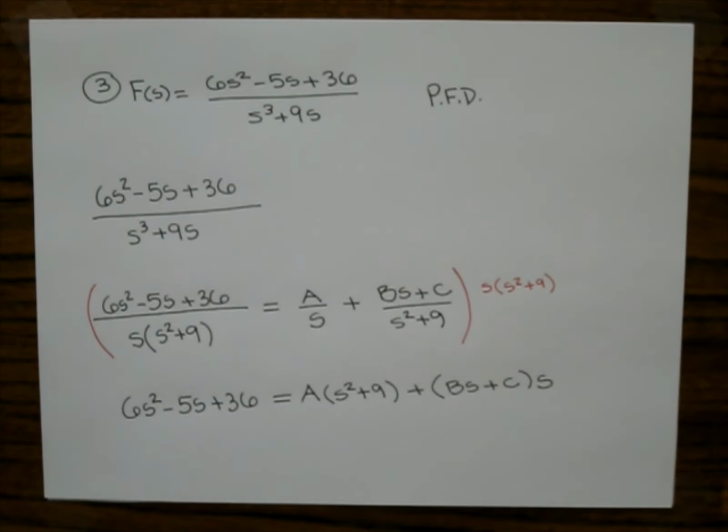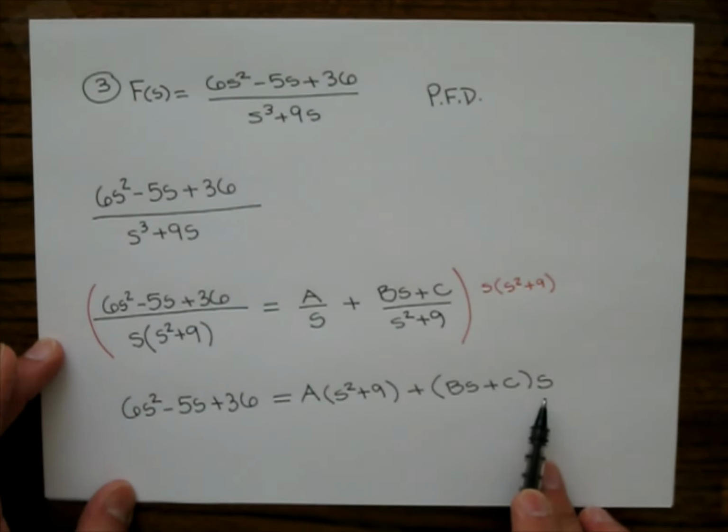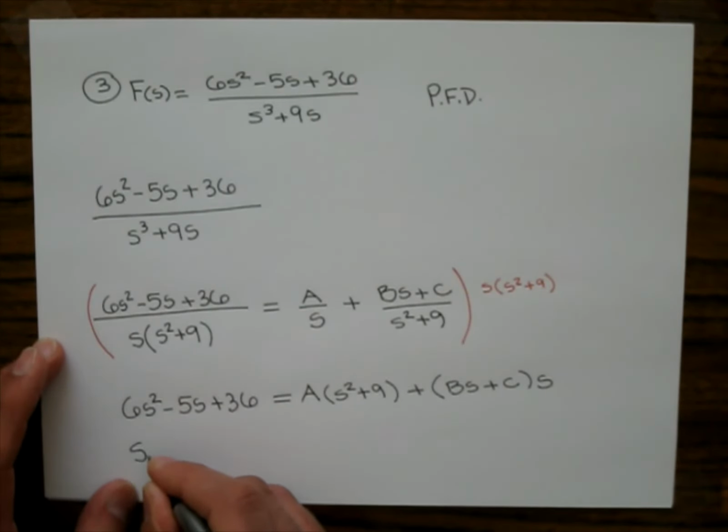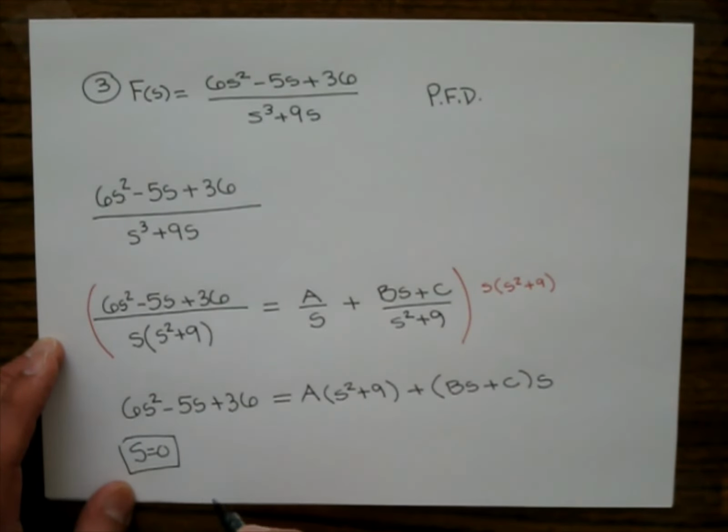And so there are a few approaches to doing partial fraction decomposition. One thing you can do, and I always try to do this when I can, is on this equation here, if you can let s equal a value that will kill off some of these A's, B's, and C's. If you let s equal 0, not that this is going to get the problem done, but it might get us some results instantly.